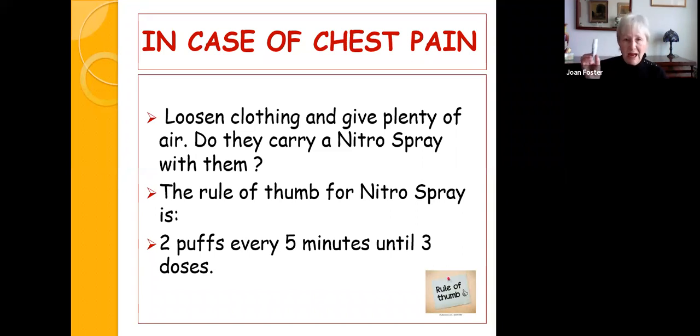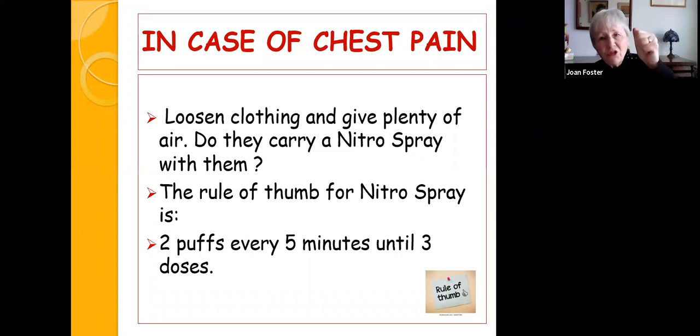People who are known to have chest pain usually carry a nitro spray with them, and this is something that is ordered by doctors. What nitro spray does is it opens up the blood vessels, it relaxes them so that more oxygen gets to the area. So it's like a Charlie horse of the heart. As a simple way of putting it, when you're running and you haven't run for ages, or you're doing some exercise and suddenly your leg goes into a spasm, it's because you've overworked those muscles and they've all gone tight, tight, tight.